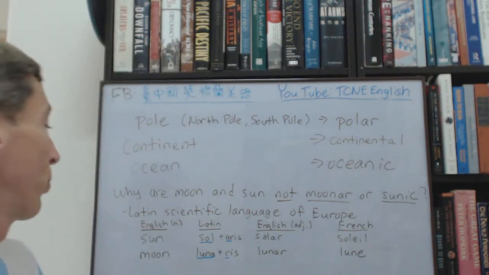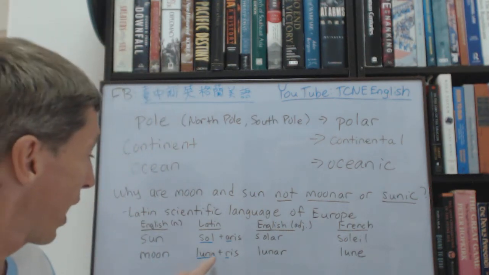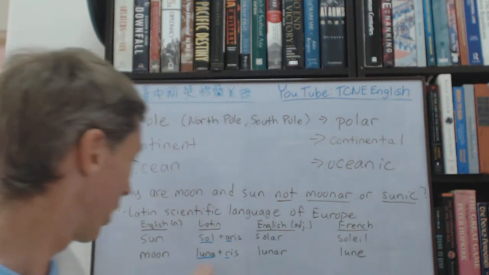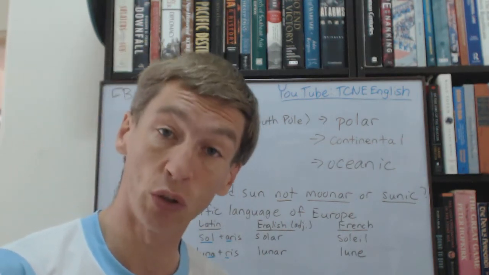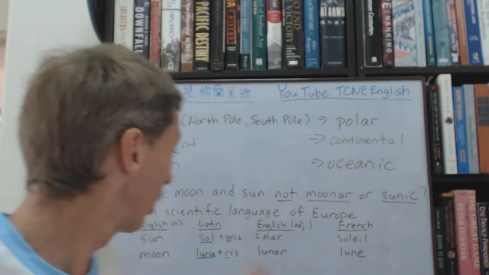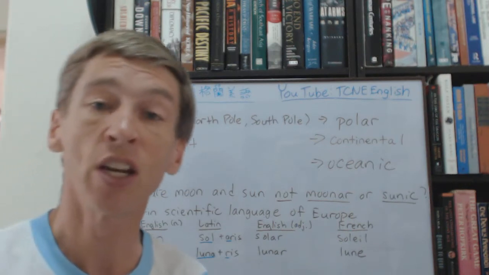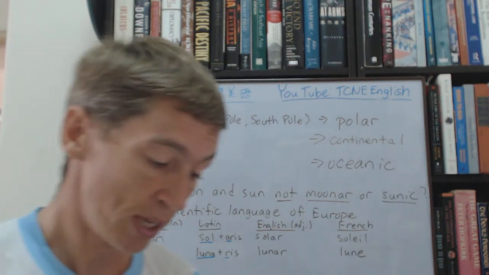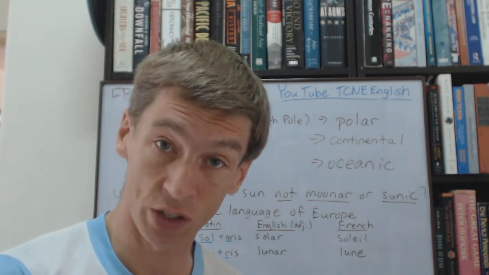All right, moon. The Latin word for moon is luna. Now you already have the A here, so the adjective suffix is ris, R-I-S. So you got lunar. So the English word lunar comes from the Latin word luna with the adjective suffix. And again, the French word looks a lot like the Latin, lune. Now, this word entered the English language in the 16th century.